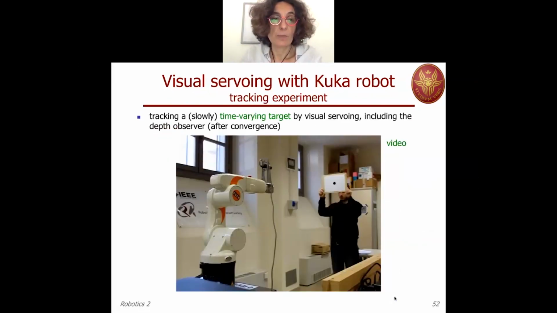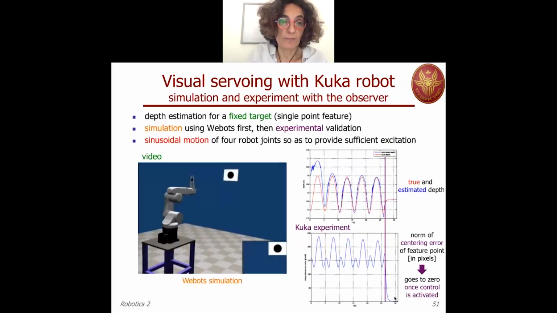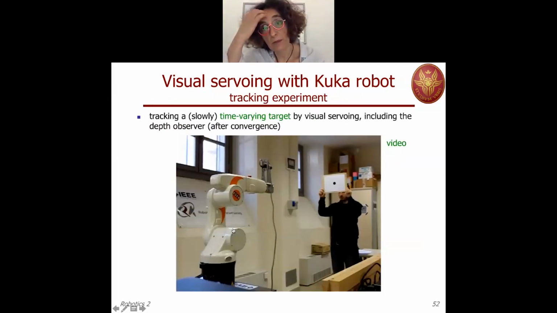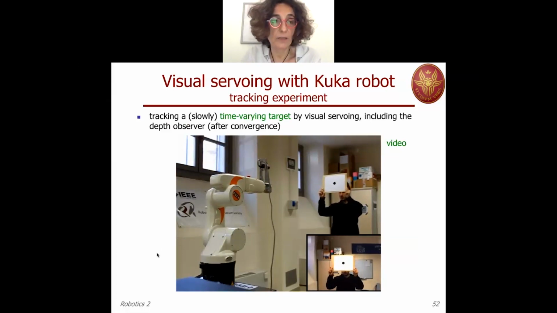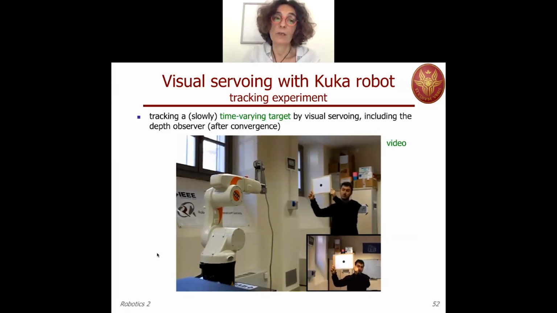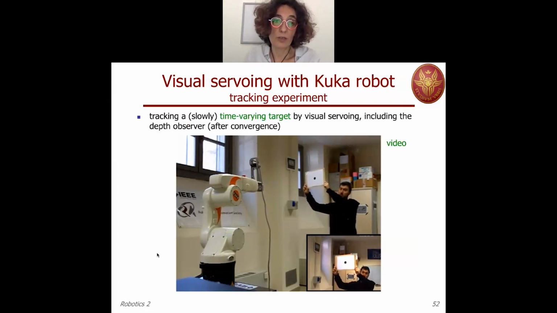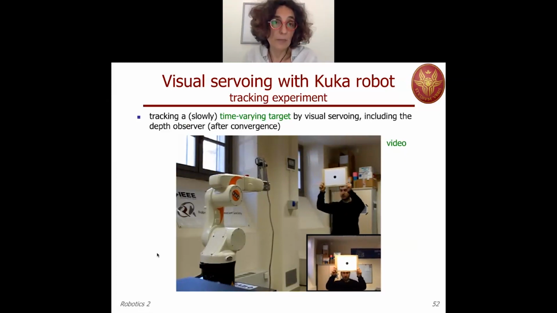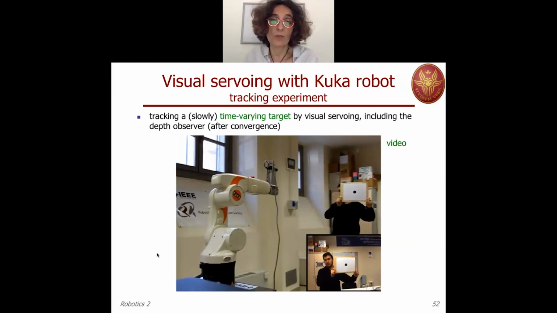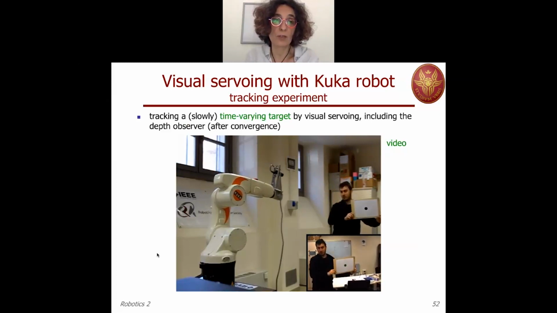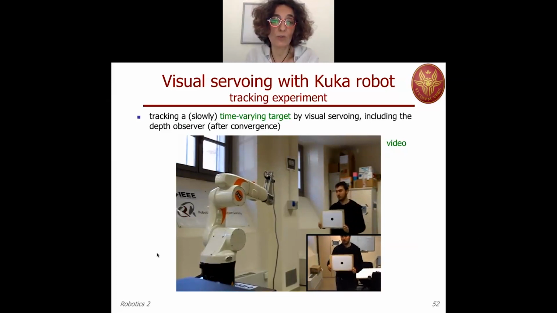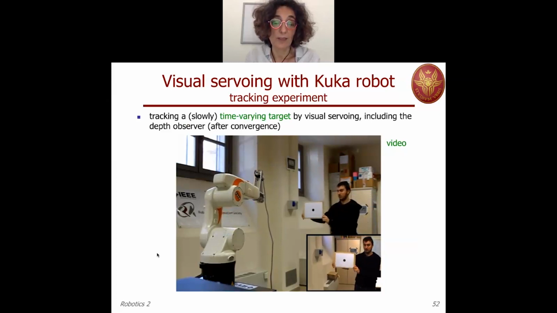So this was the model of the Kuka robot, and here we see the experiments with the same robot. In this experiment, besides the estimation of the depth, there is also an additional challenge due to the motion of the target.